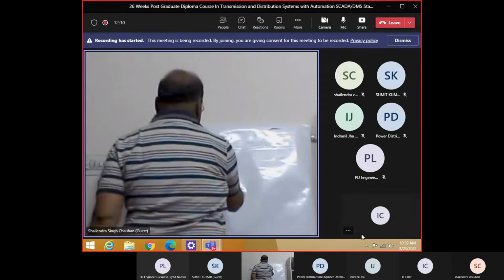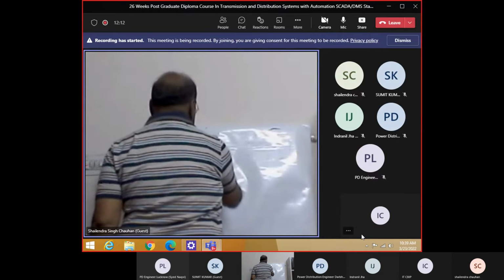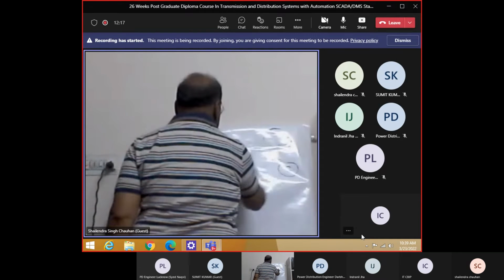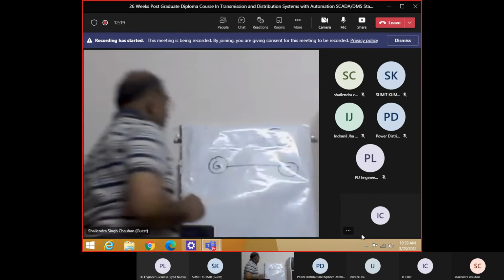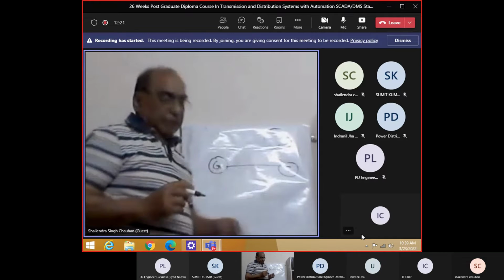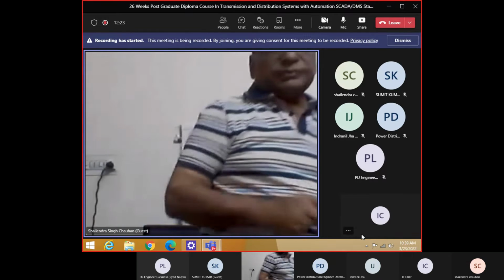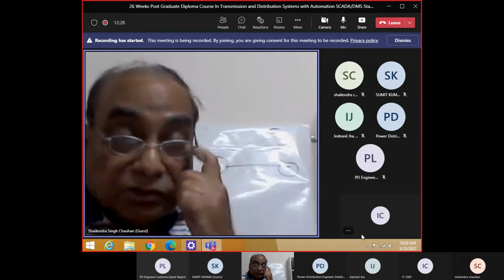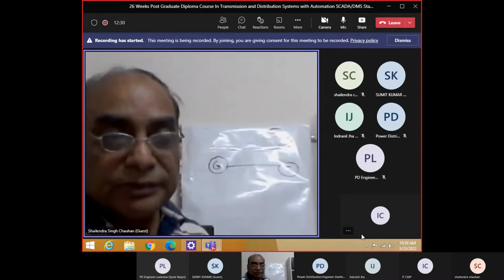Now we have to construct, see, this is our generating station and this is our substation, and we have to connect these two. So can we connect them straight away? Is it feasible?